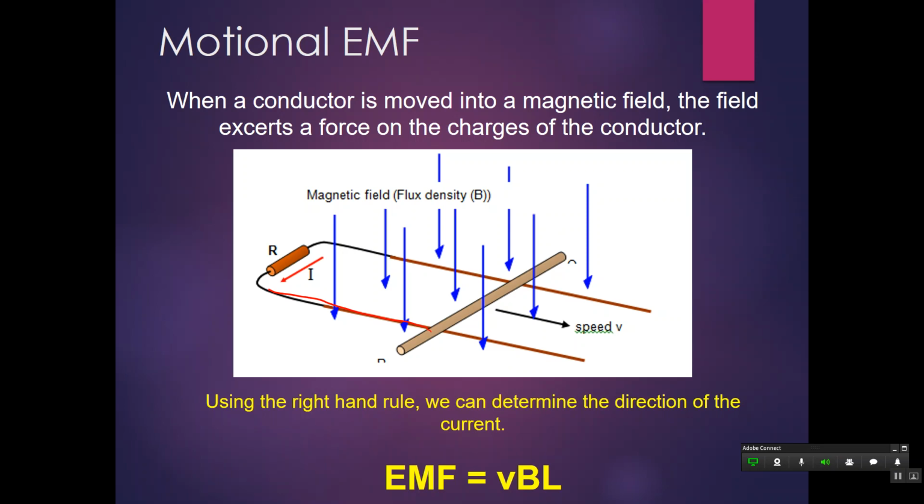Remember that my flux is going to be my magnetic field multiplied by my area. If my area is small and my magnetic field is constant, then I'm reducing my flux. Now if I gradually move this at some constant velocity, what's happening to my flux? It's increasing.